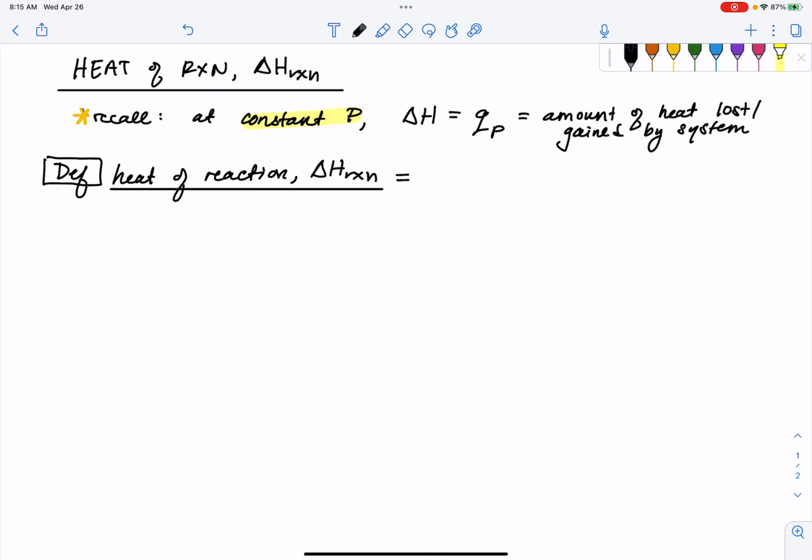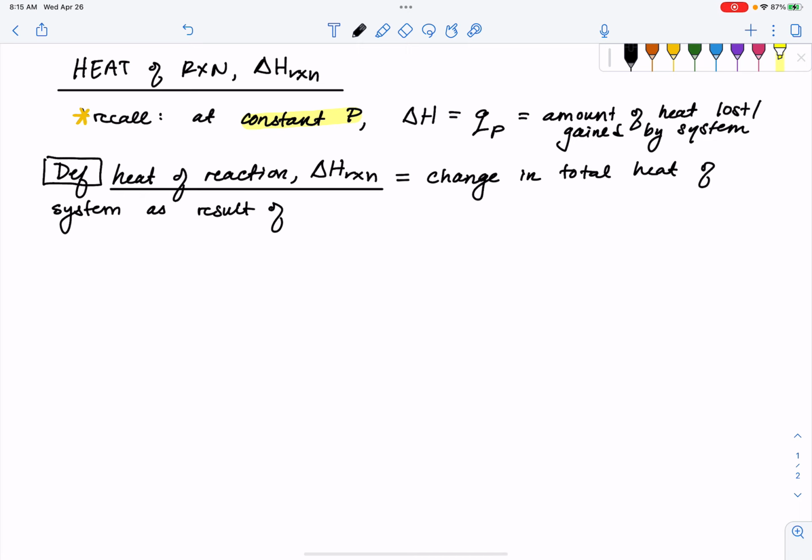So this is known as the change in the total heat of a system, specifically that system being a chemical reaction, as the result of some chemical reaction.